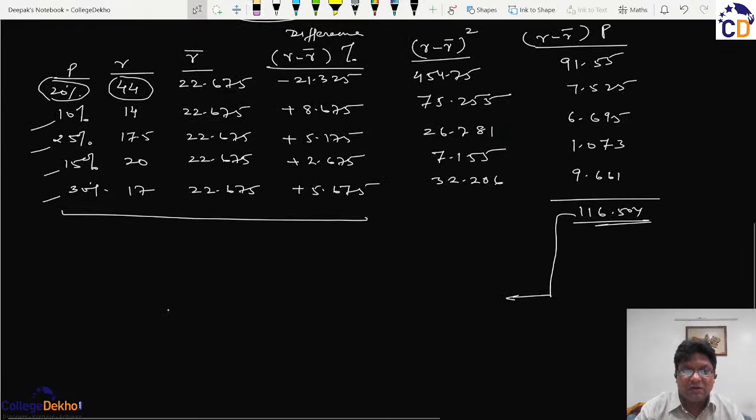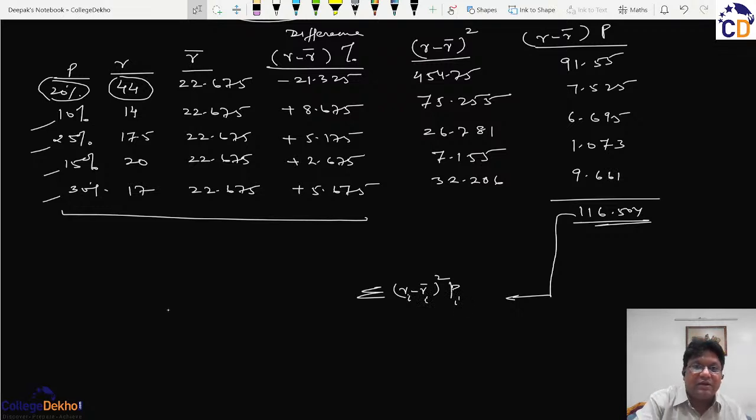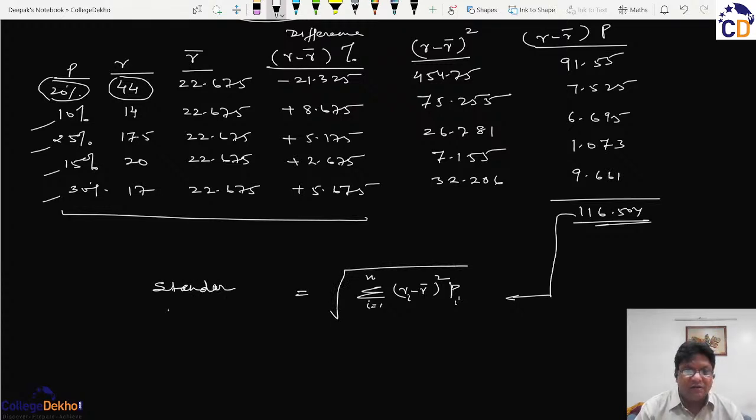So basically, what is this? It is the summation of r minus r bar squared multiplied by the probability. And if we put the index i here, the i in r bar is not important because this is a single figure, and the i in this case may move from 1 to n, and this n is 5 here. And if we take the square root of the total, then we arrive at the figure of standard deviation.